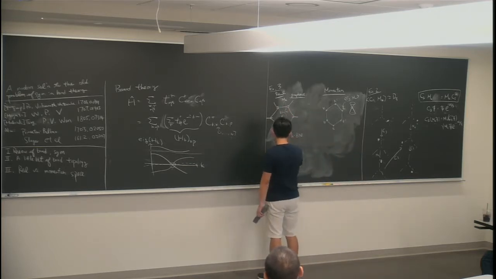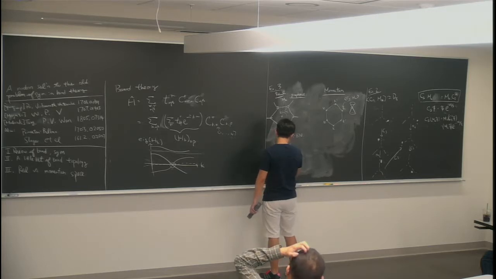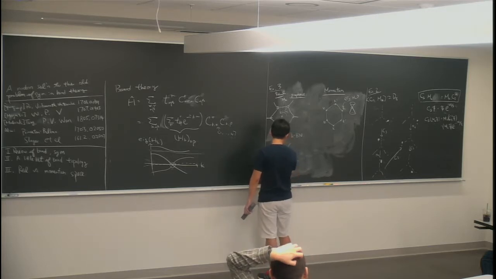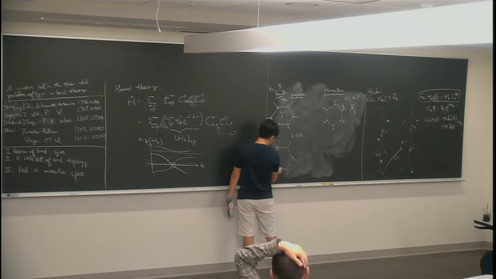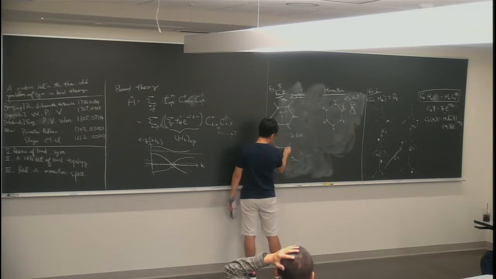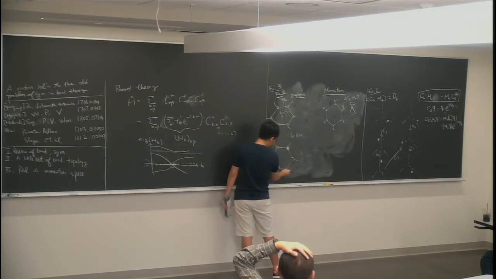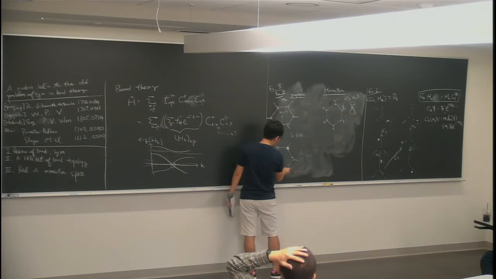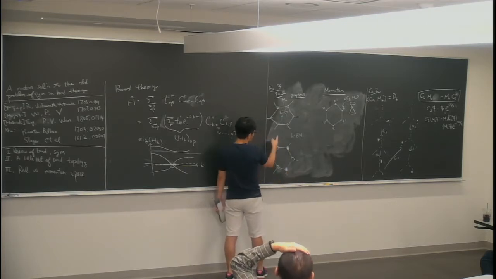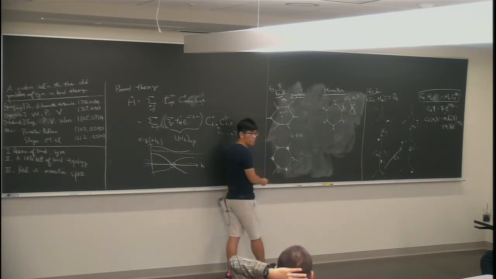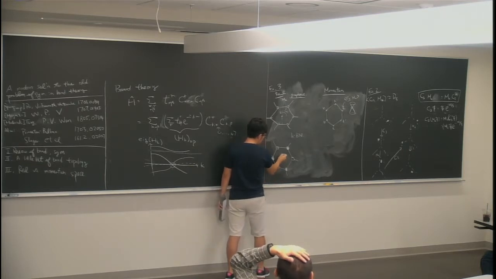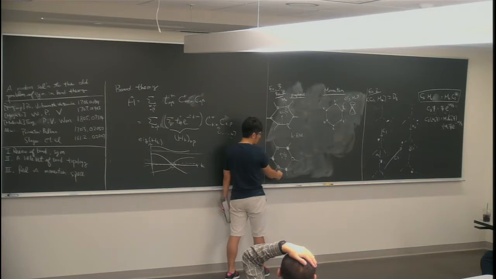So let me just draw it again. To emphasize that they're different, I have, say, nitrogen here, and these are my boron atoms. So we see that by just going from graphene to HBN, almost nothing has changed, except that while we still have C3 symmetry, we've lost a mirror, because that would map nitrogen to boron, and they're not really the same thing.